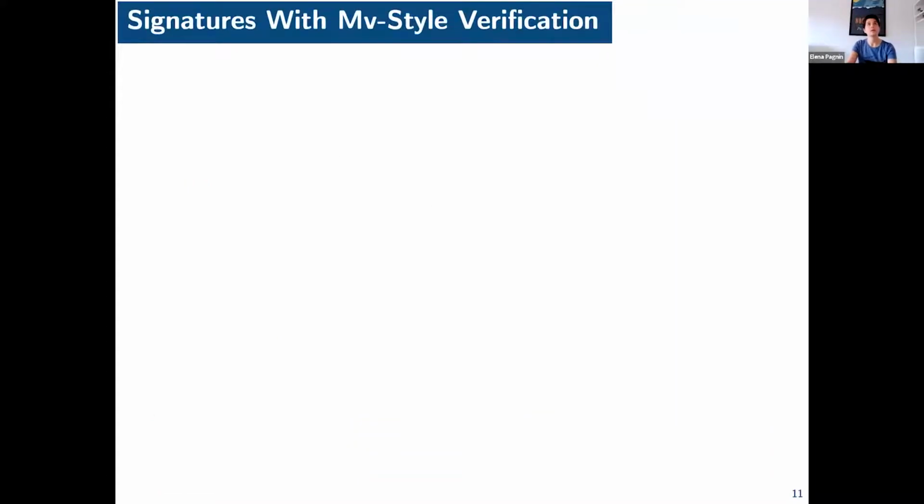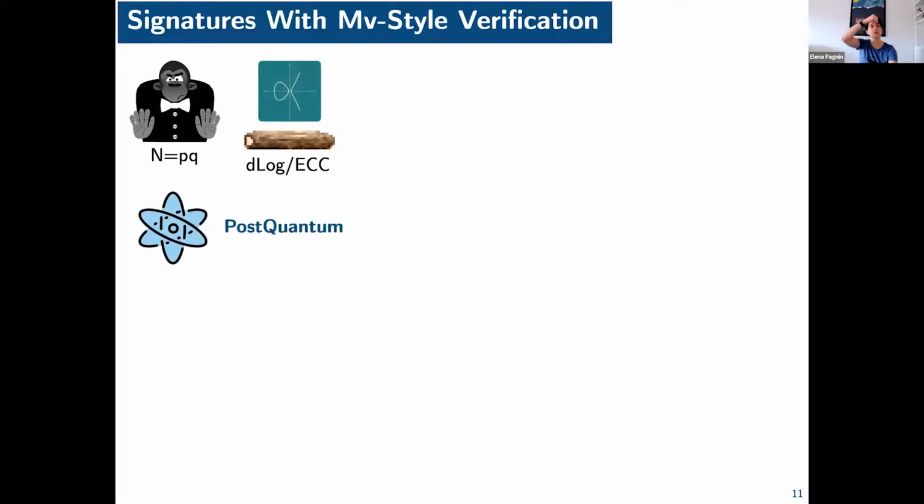Good, then let's see how to do that. There are a lot of digital signatures out there. There are some based on prime numbers, like RSA, and some based on discrete log and elliptic curve cryptography. But what we look at mostly here are the post-quantum secure digital signature schemes. The reason is that these usually have fairly large keys and fairly computationally heavy verification with respect to others.